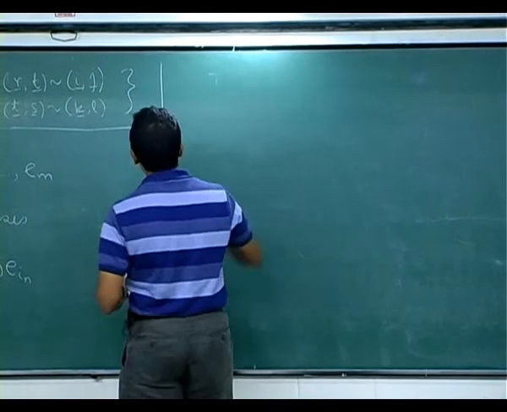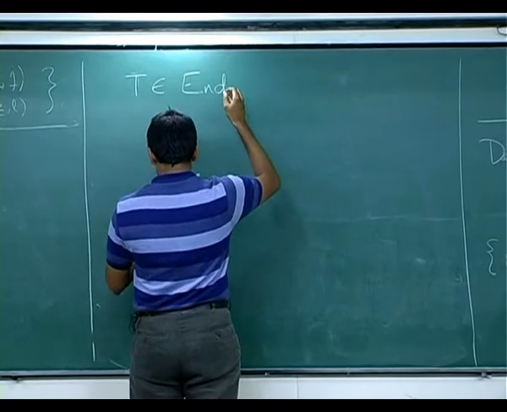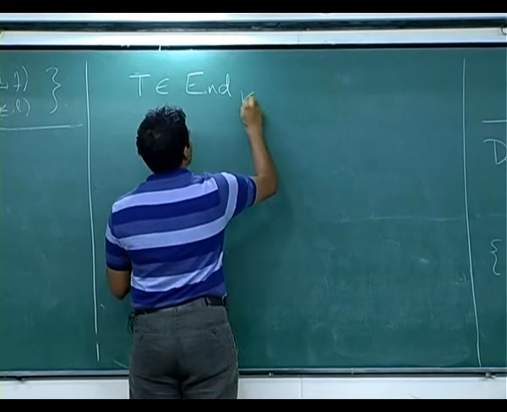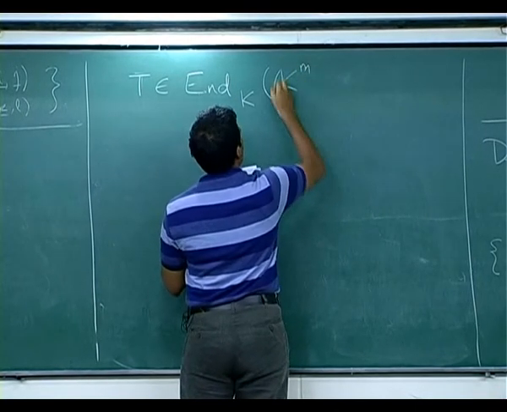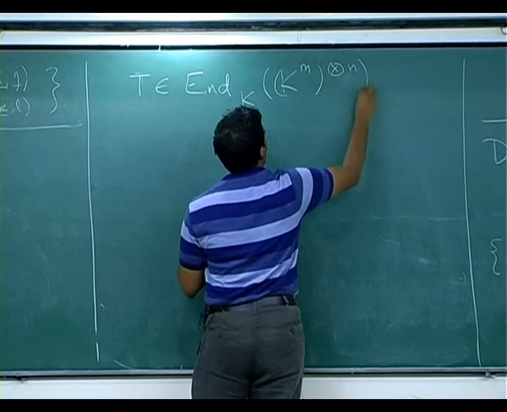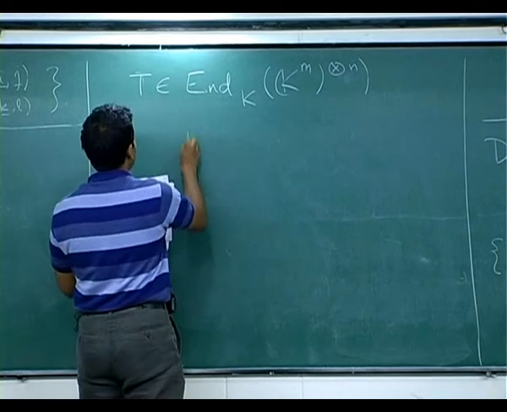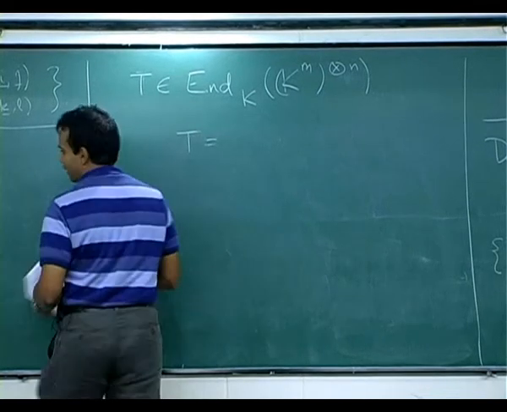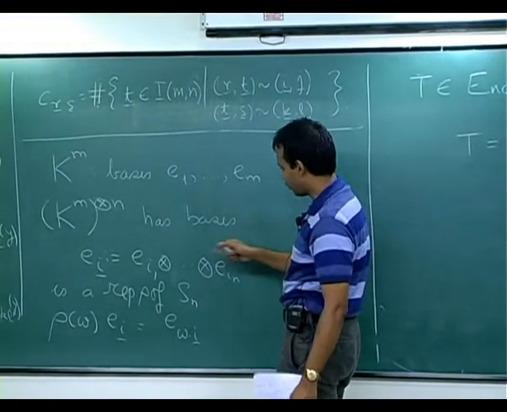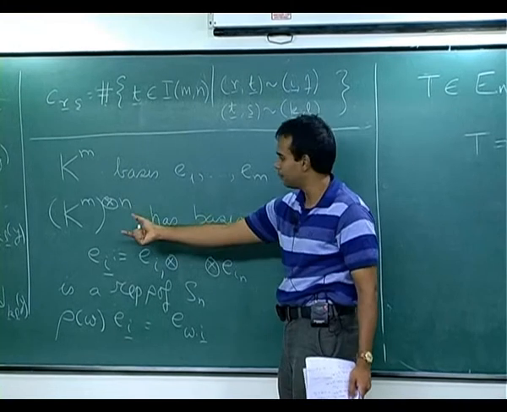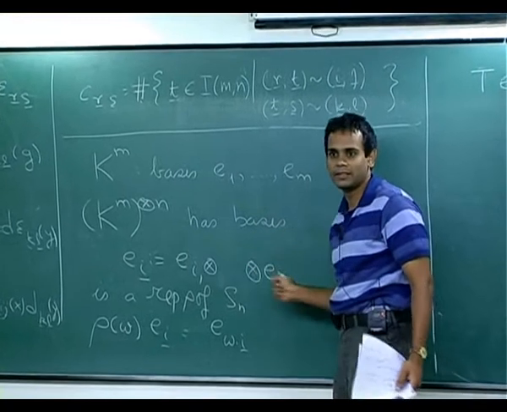Now, suppose T is a linear map, a linear endomorphism on this thing. I will use matrix notation. So, T, now I have this basis E_I where I runs over all multi indices for this vector space. So, for linear endomorphisms I would have matrices whose rows and columns are indexed by these multi indices.